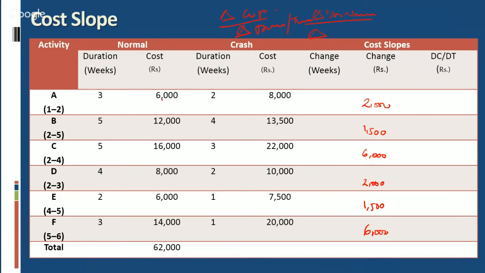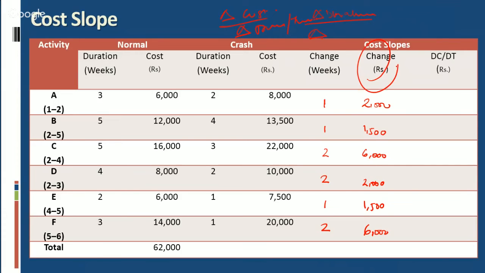And we can change the duration for activity A by 1 day, for activity B by 1 day, activity C by 2 days, activity D by 2 days, activity E by 1 day, activity F by 2 days. Actually, to crash each activity, we have to incur additional cost.